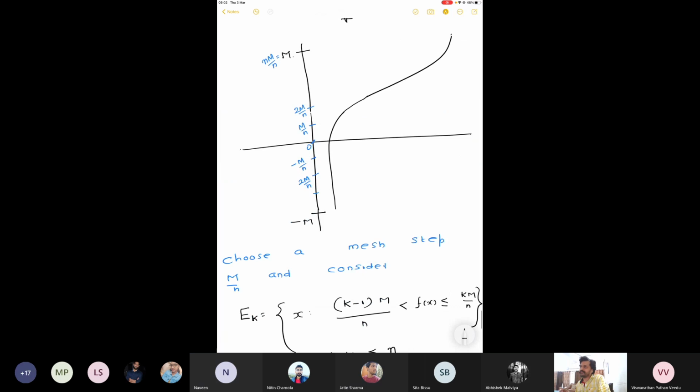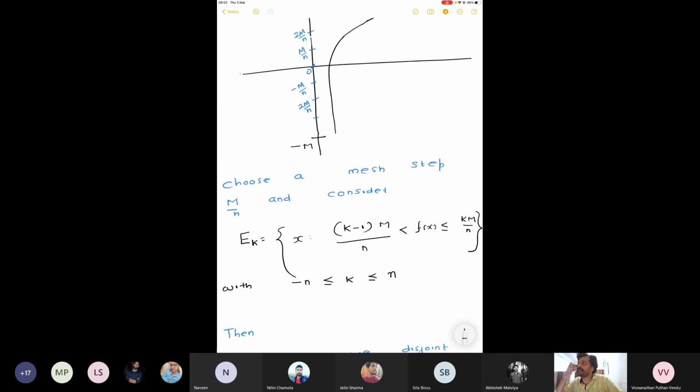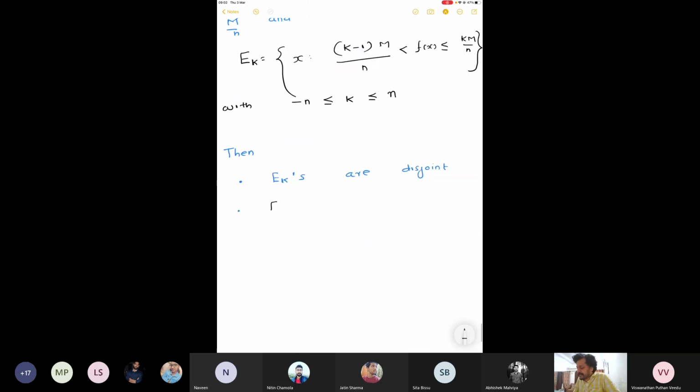What do you mean by a function being measurable? The collection of all x such that f(x) less than alpha, f(x) greater than alpha, f(x) less than or equal to alpha, f(x) greater than or equal to alpha are measurable for any real number alpha. Use that. Then the Ek's are measurable, because f is measurable, and then we apply the definition of measurability of a function.